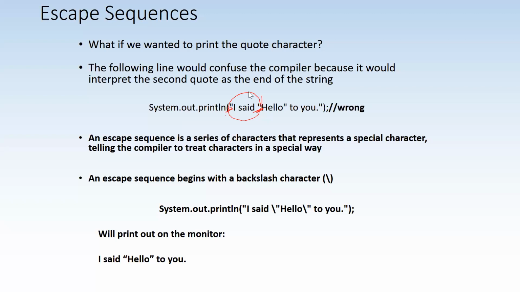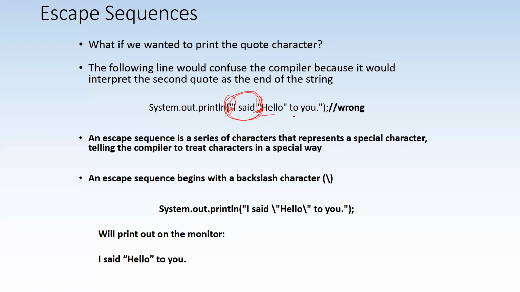Okay. Thank you. Okay, let me just repeat this, right? Basically we want to solve the problem of how to print the quote characters. If you look at this, whatever you want to print must be inside the quotes. Here is a quote and here is another one. So the compiler will look at this string as the parameter for the println method.